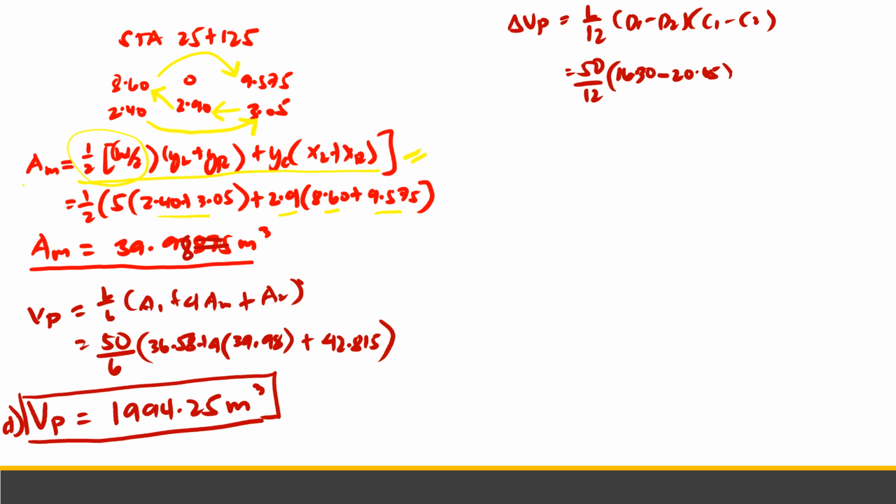Again, 20.05 is the summation of 9.35 plus 10.7. Actually, this is the middle station. And C1 is the YC of station 1, that is 3.2, minus YC of station 2, which is 2.6.